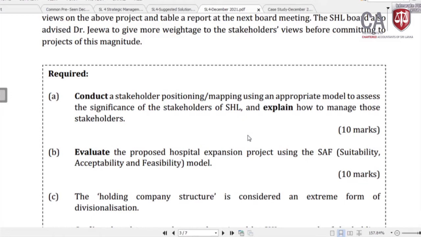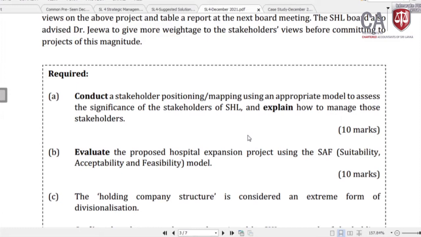The first part is based on the categorization of stakeholders. The second part, explain how to manage those stakeholders, depends on the 4 strategies we have discussed.